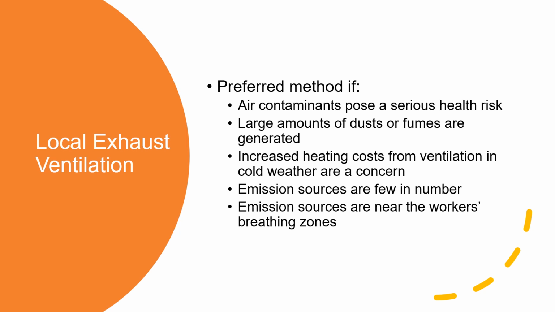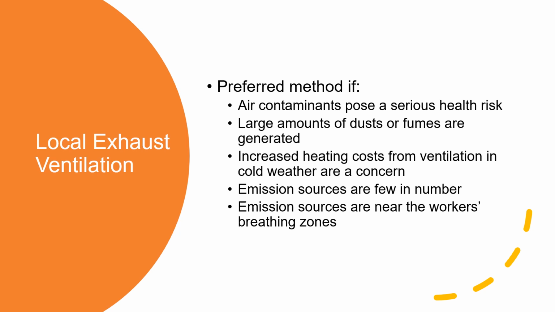Local exhaust ventilation is often the preferred method if air contaminants pose a serious health risk, if large amounts of dust or fumes are generated, if increased heating costs from ventilation in cold weather are a concern, if emission sources are few in number.